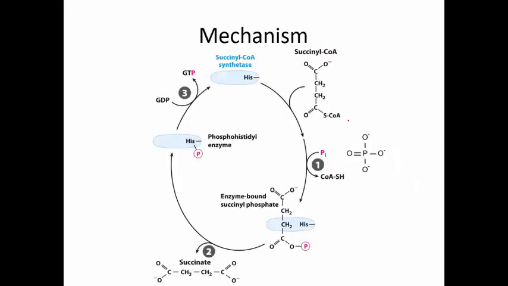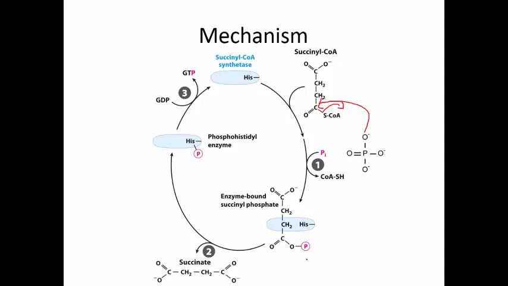So the mechanism, we're going to start here. So here's our succinyl-CoA. And what's going to happen is that the inorganic phosphate is going to come in here and kick off the CoA. So CoA is gone. And now we have this phosphorylated version, but we don't really want that. So what we're going to do then is transfer the phosphate eventually onto GDP. But this enzyme is a ping pong enzyme, and it's not a multi-enzyme complex.